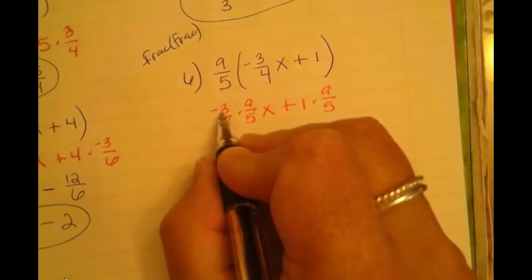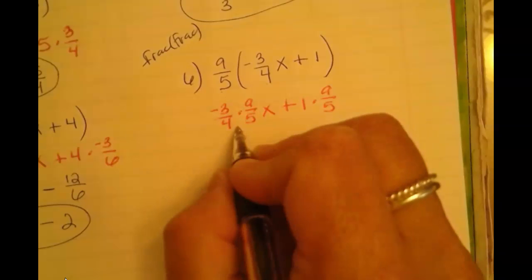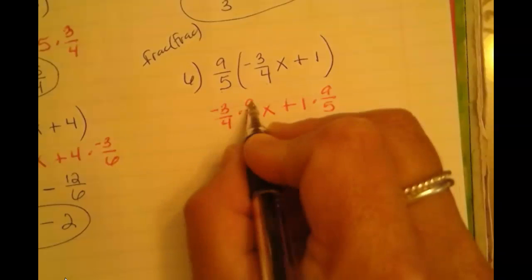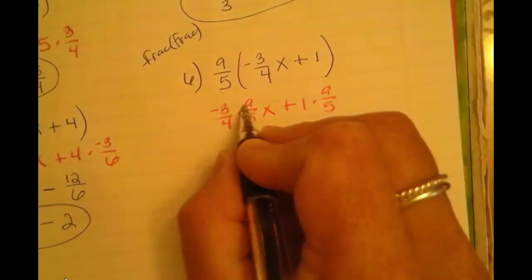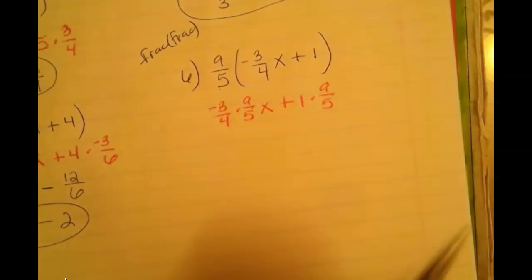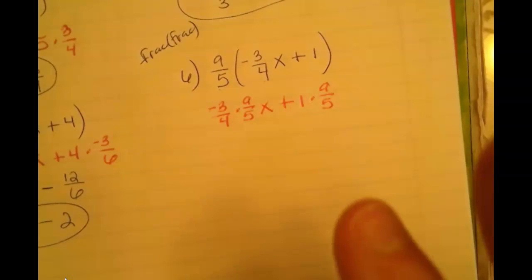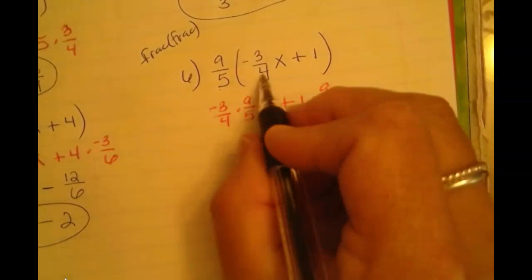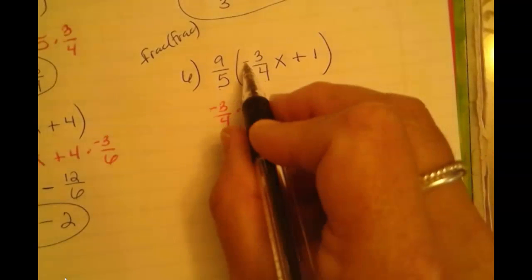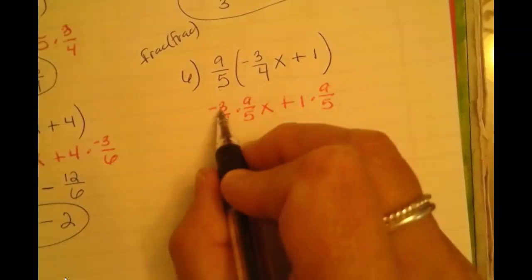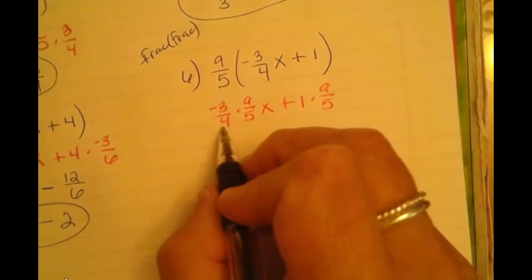So fraction times fraction gives us numerator times the numerator to get the numerator. Negative 3 times, okay, let me back up again and say something else. When you have a negative fraction, generally you always operate with the negative connected to the numerator, and then the denominator is not negative.